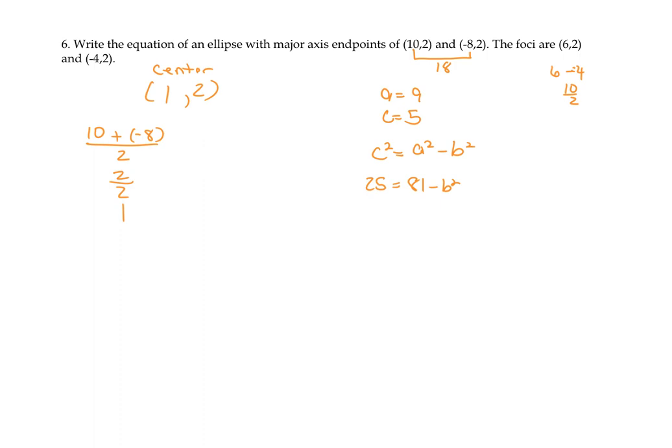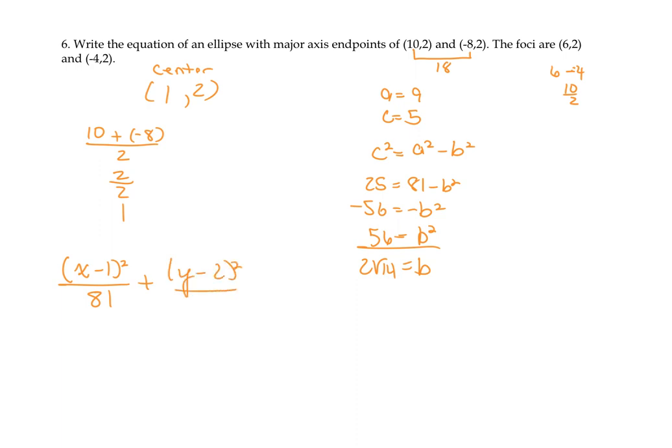I'm going to subtract that 81 and get negative 56 equals negative B squared. So B squared equals positive 56. So B is going to be 2 root 14, which I don't really need. I need the 56. So now my equation is going to be (x minus 1) squared over 9 squared, which is 81, plus (y minus 2) squared over 56, because that's B squared, equals 1. And there's our equation.